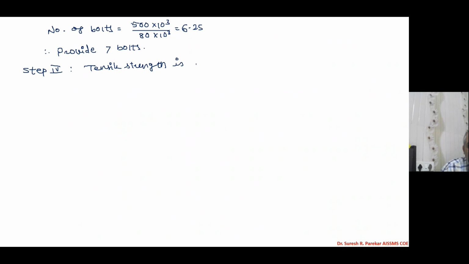Tensile strength is the minimum of A, TDG, B, TDN, and C, TDB. So we have yielding of cross section. In exam you should write in full. Then rupture at critical section.